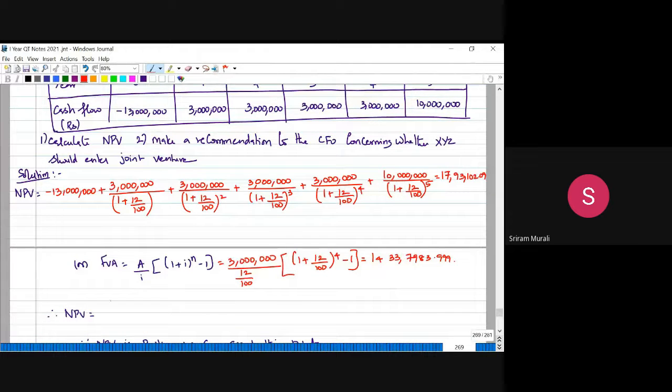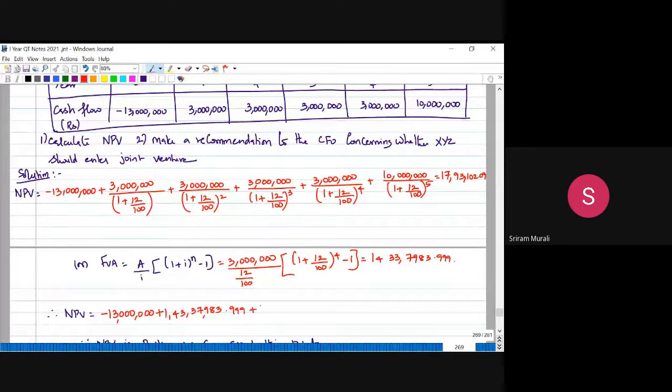This net present value will be minus 13 million plus, for 4 years, how much do you get? 1 crore 43 lakhs, 37,983.99.